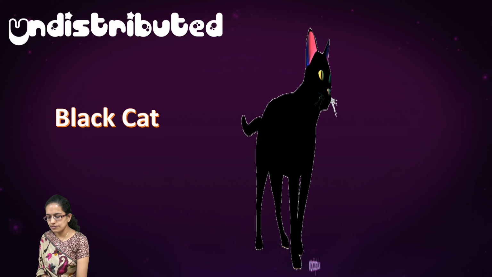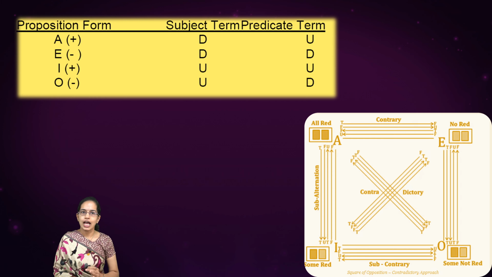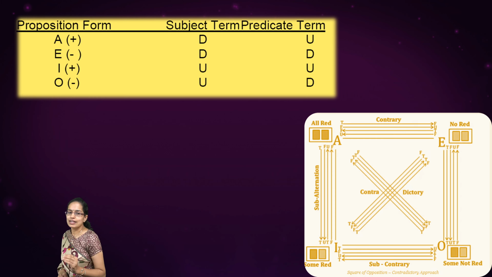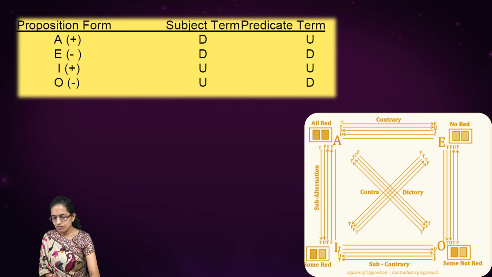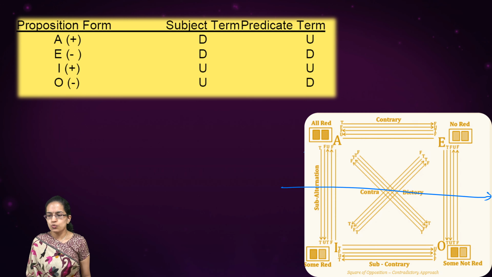Now, as we have seen in the square of opposition, we have A, E, I and O, the very basics that we repeat every time, but the concept here is very interesting. If I cut this square of opposition diagram horizontally, towards the top I have all the universals, and towards the bottom I have the particulars.